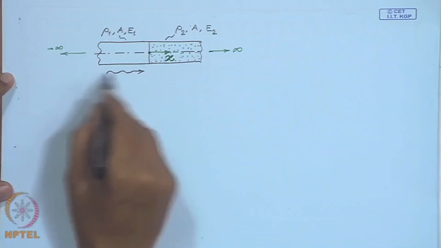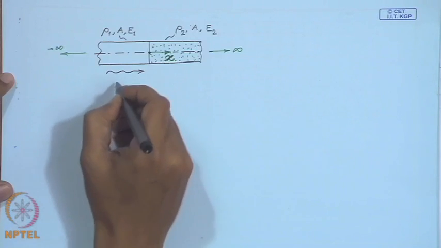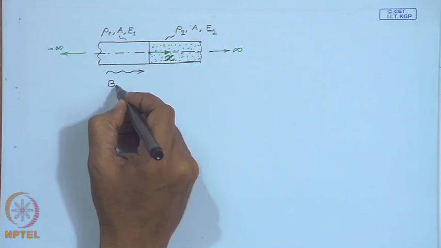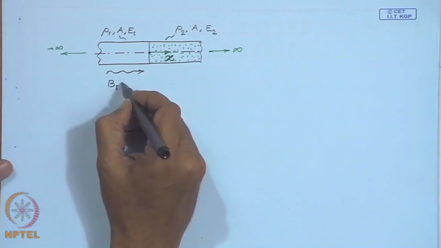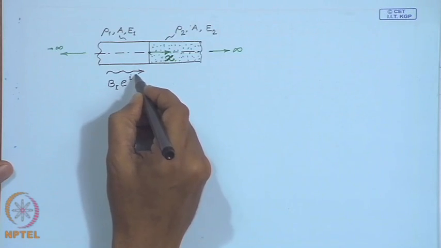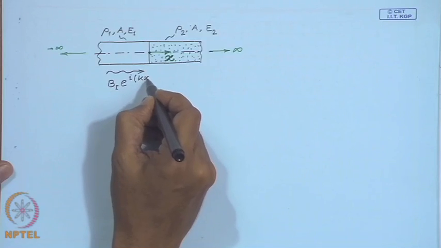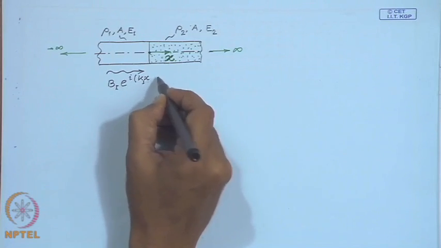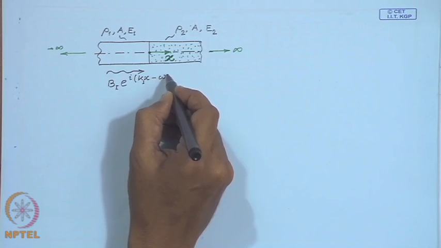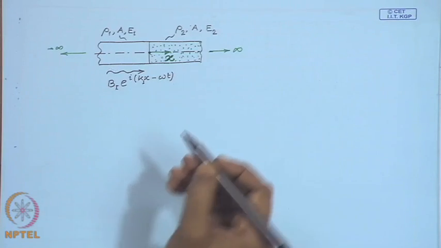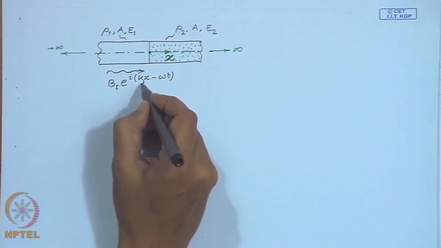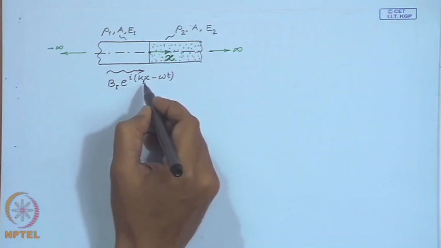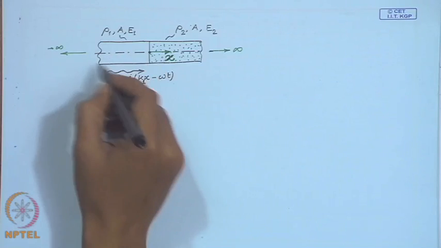So, it is a right propagating harmonic wave, which we will now here I am introducing a wave number k 1 in this material.